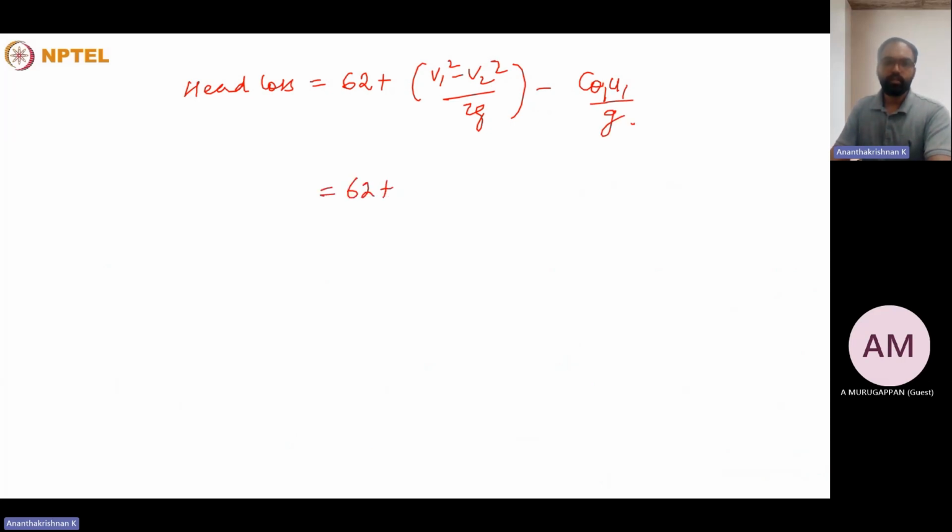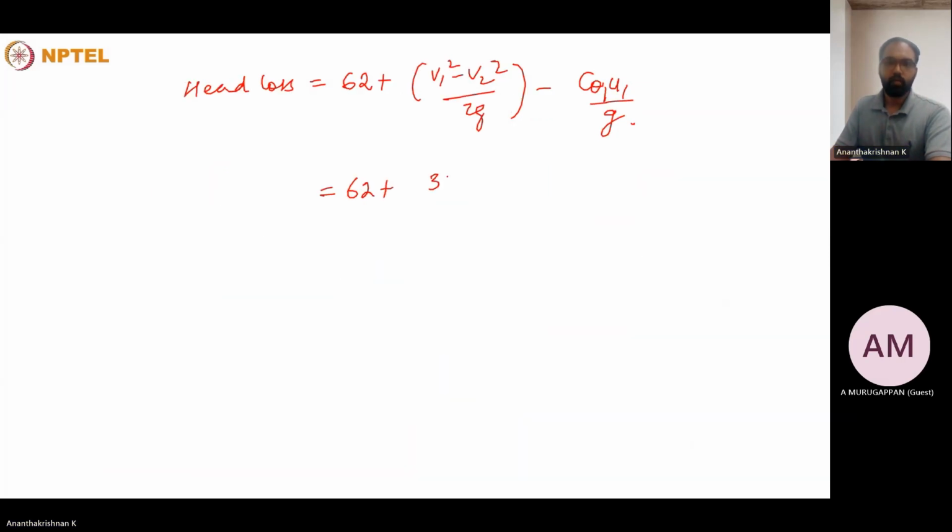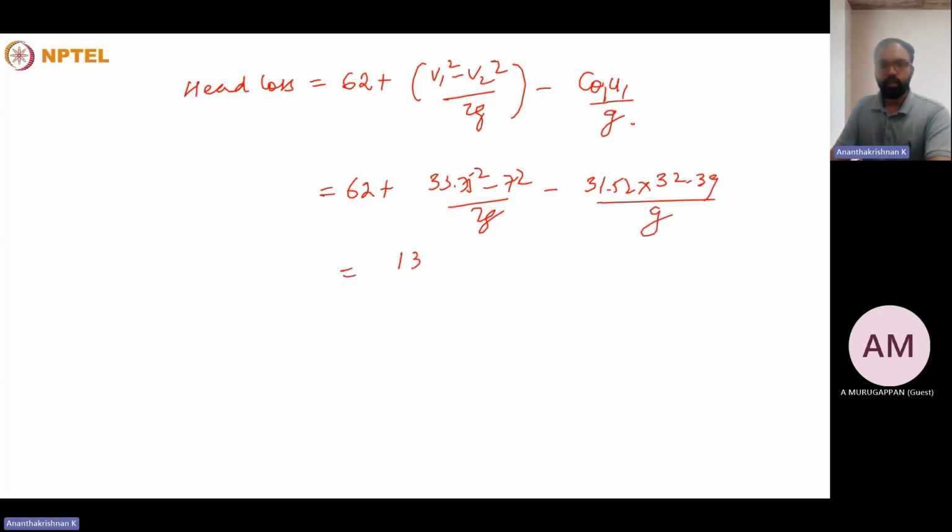So this is 62 plus 33.75 squared minus 7 squared divided by 2g, minus 31.52, that is the C theta 1 value, times U1, 32.39, divided by g. You will get the value to be 13.49 meters. So that is the head loss encountered by the fluid in the runner.